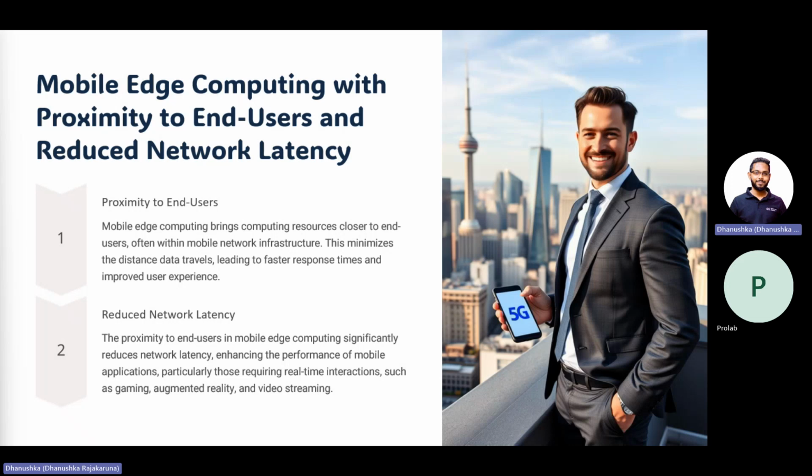So the advantages of MEC will be latency reduction by processing data at the network edge, eliminating the delays caused by data transmission to distant cloud servers. Then improved quality of service, as localized computations and content caching enhance user experience with reduced service interruptions and buffering.